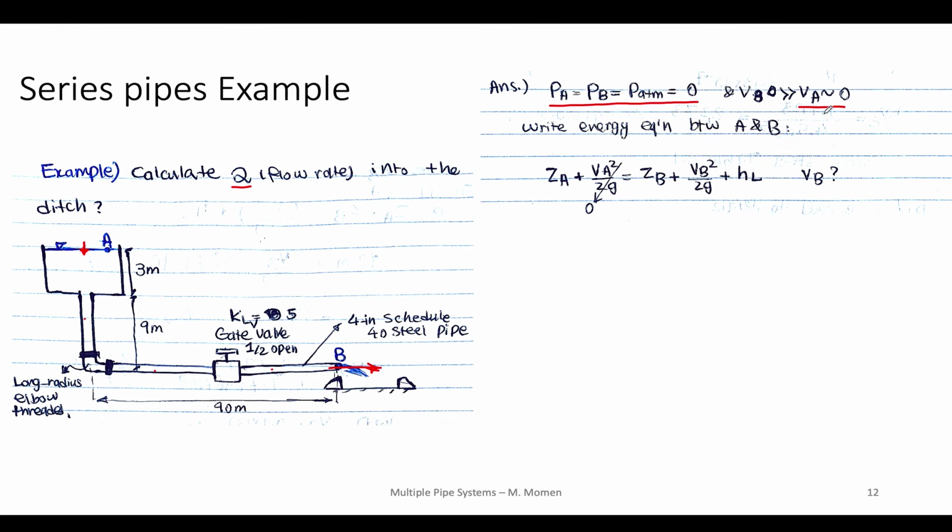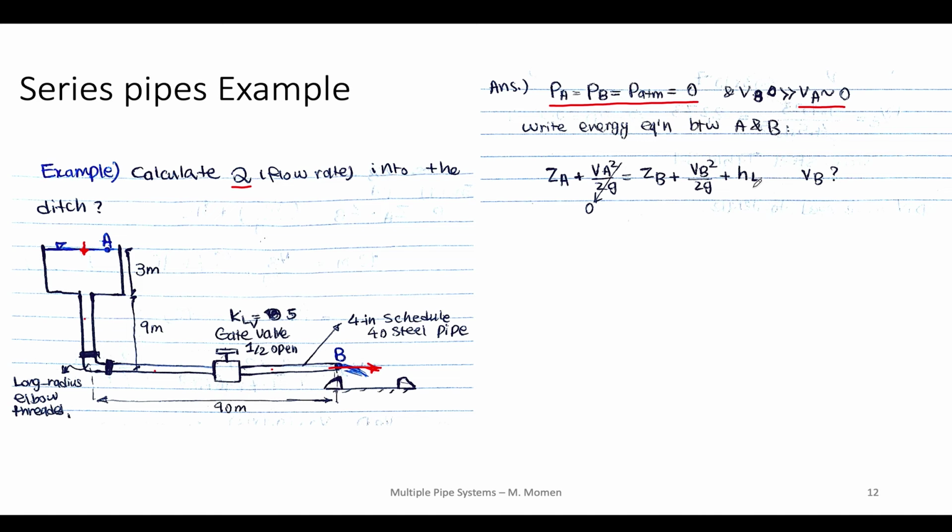So now that we have these assumptions, we can write the energy equation between point A and B. We start with ZA plus VA square over 2G plus PA, which is 0, so I don't write it down, equals Z at B, elevation at B, plus VB square over 2G plus P at B, which is again 0, plus the total head loss.